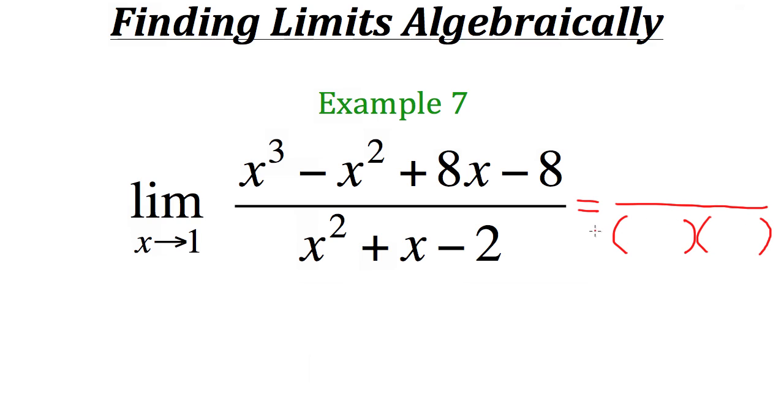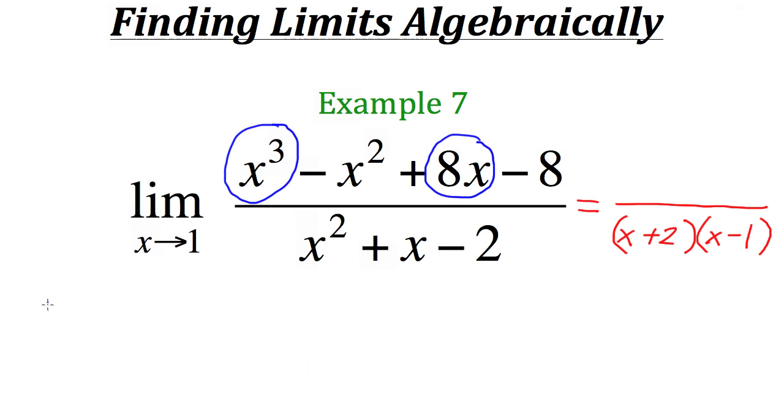So in this case, we could factor it out to be x plus 2 times x minus 1. Now as for our numerator, we're going to need to do a little bit of rearranging before we do our factoring. And you'll see why in a minute. So first, I'm going to group the x cubed with the positive 8x.